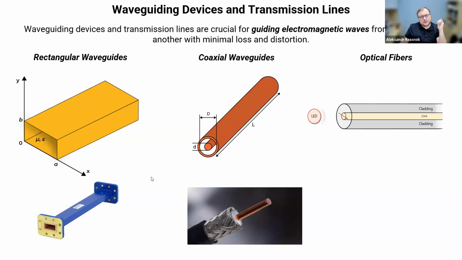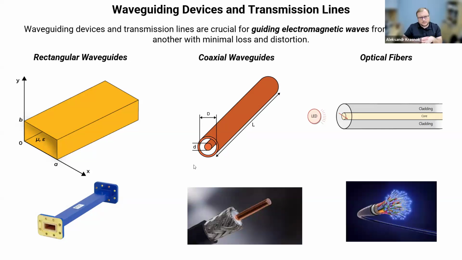We are not going to talk about them today; it's a subject for another course, photonics and so on. But optical fibers are very important because today the vast majority of internet information is transmitted using them, and without them we wouldn't be able, for example, to hold this lecture with Zoom.